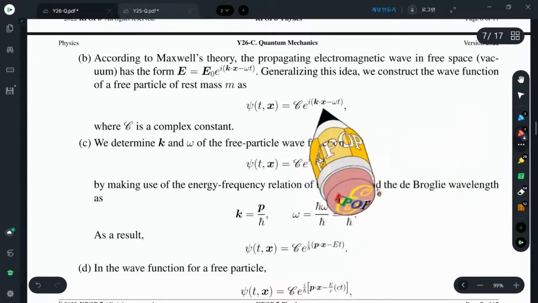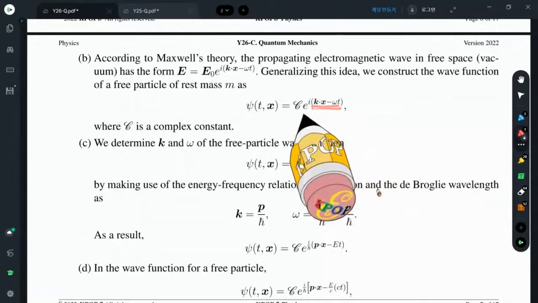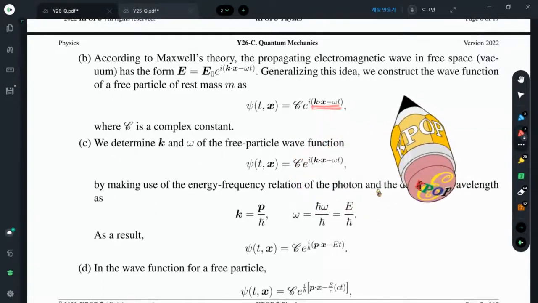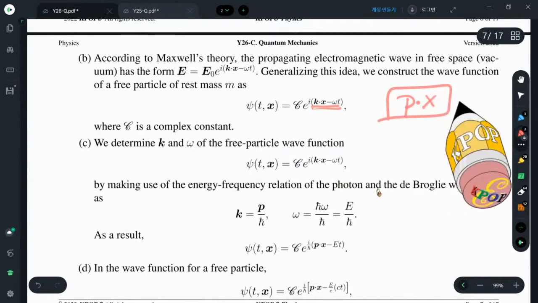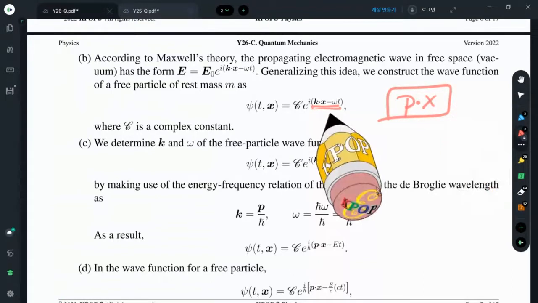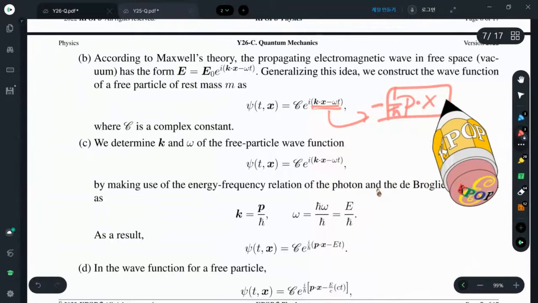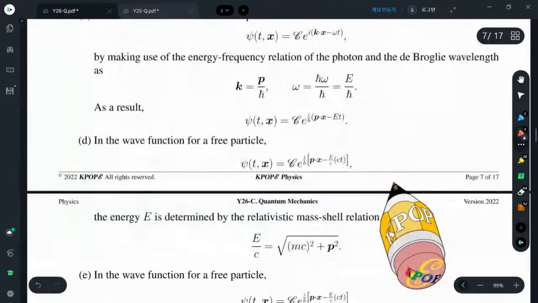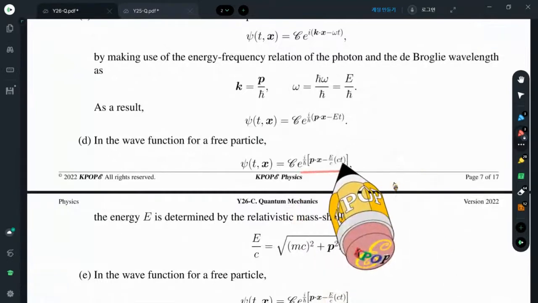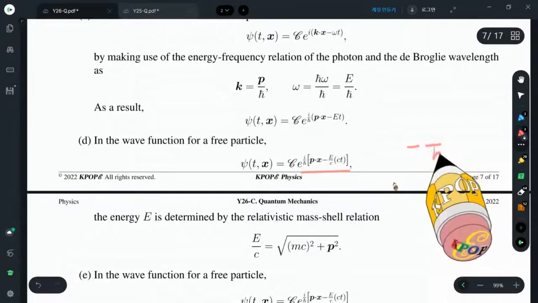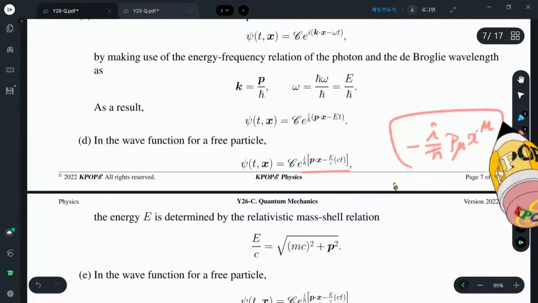That is a scalar wave, because it is a sinusoidal function whose argument is nothing but the scalar product in 4 dimensions. And this is nothing but 1 over h bar p dot x. I already showed you. So this is a 3-vector, and actually this is h bar over i, p mu x mu.